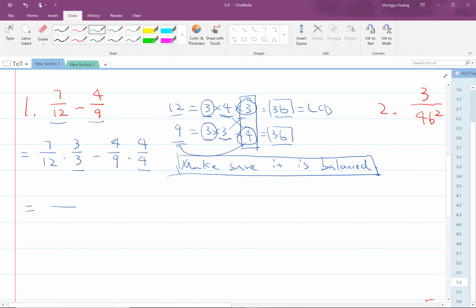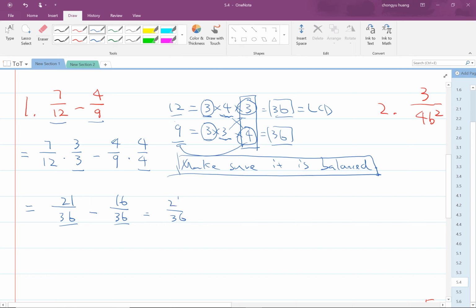So 12 multiplied by 3 is 36, and 7 multiplied by 3 is 21, and then you minus. 4 multiplied by 9 is 36, and 4 multiplied by 4 is 16. So now you can see we have the same denominator, so we are able to apply the property, right?